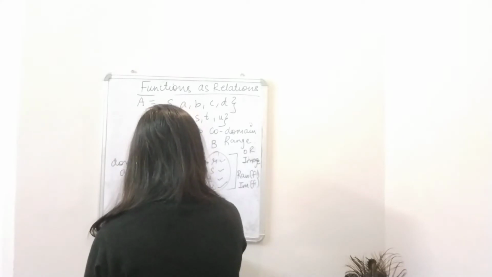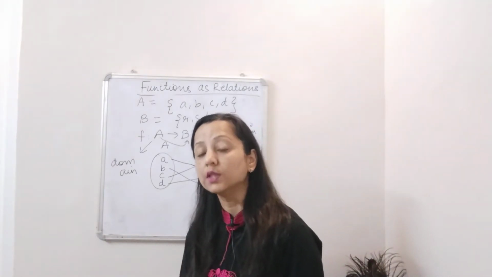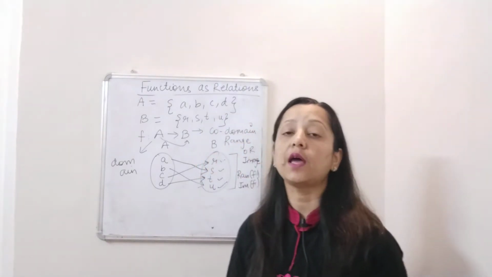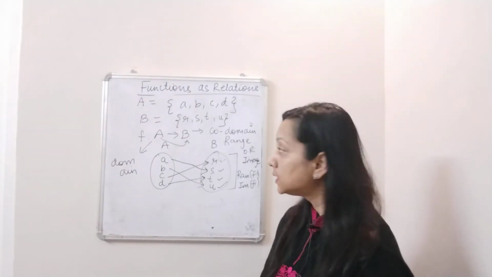Now moving on, just like we can have more than one relation on two sets or on a single set, similarly we can have more than one function also on two sets or a single set.